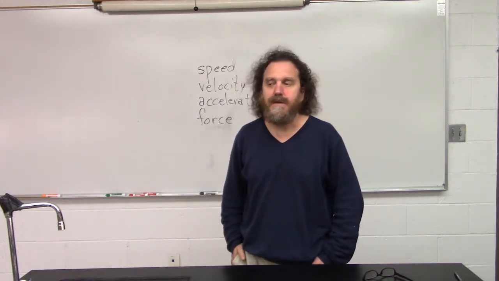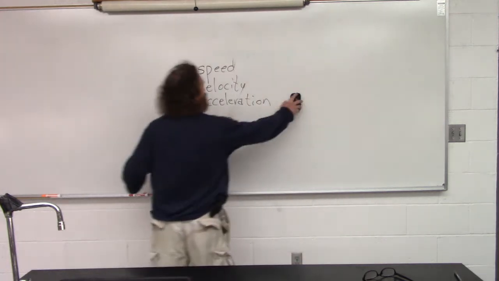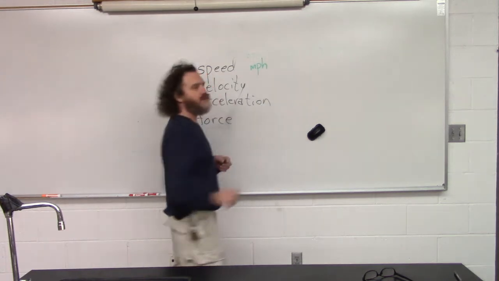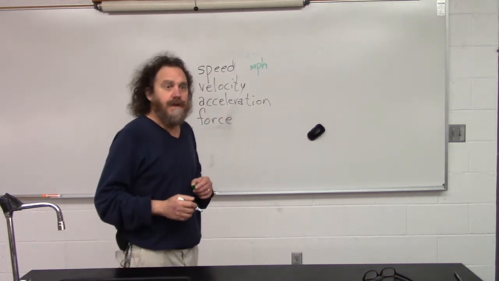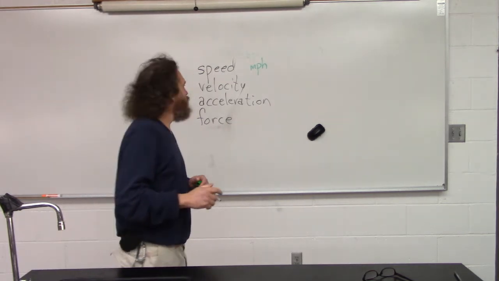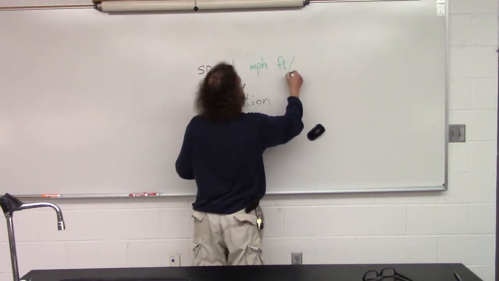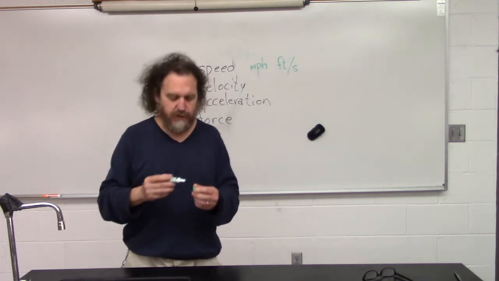That's speed. And there are a number of different units of speed that you can use. Miles per hour is what we mostly use in the United States, especially to describe the speed of cars on the highway or the speed of airplanes in the air. But there are others, like feet per second, the number of feet that an object moves in 1 second.